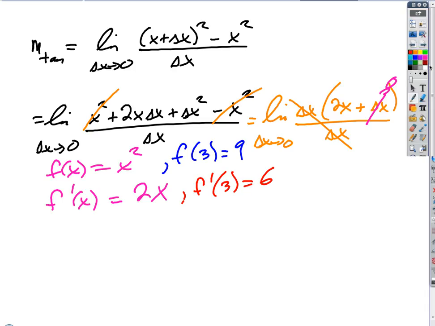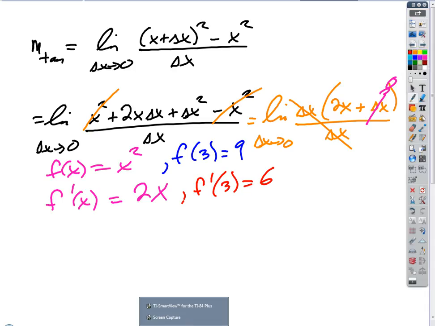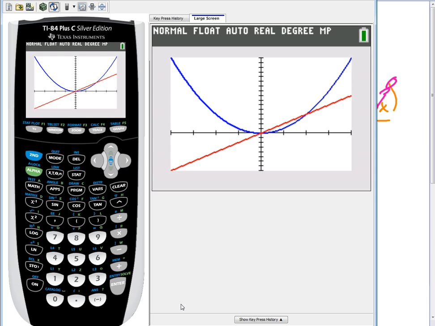Okay, if I go over to 3, the value of the function is 9, right? If I go over to 3, the value of the derivative function is 6. See what I'm saying?